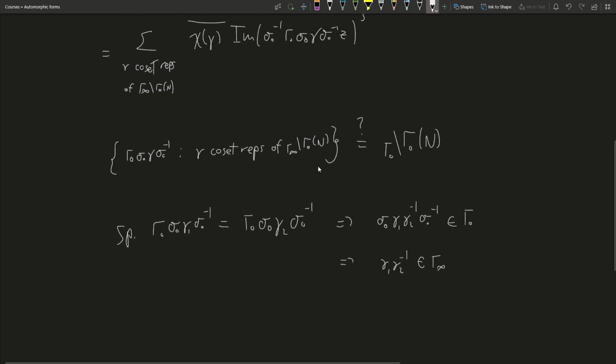Now, because we're summing over coset representatives, that means that gamma 1 is equal to gamma 2, if chosen among our coset reps. Right? Because otherwise we would be getting the same gamma infinity coset twice in our original sum, which we're not doing. Okay, so this means that at least there's an injection.